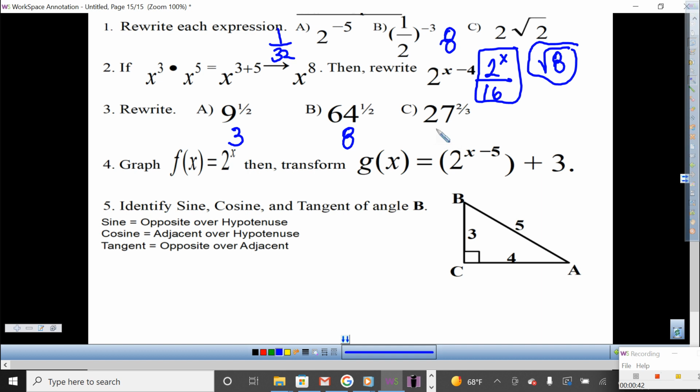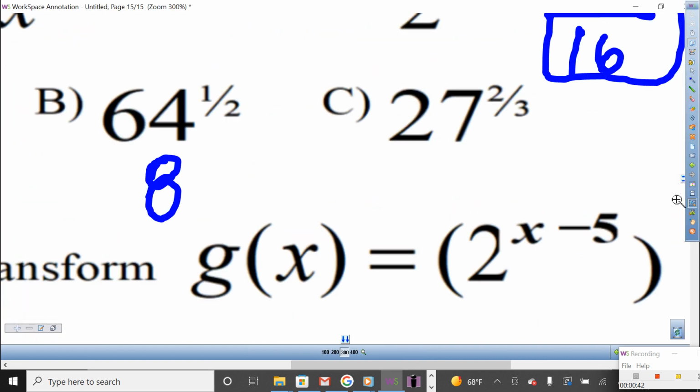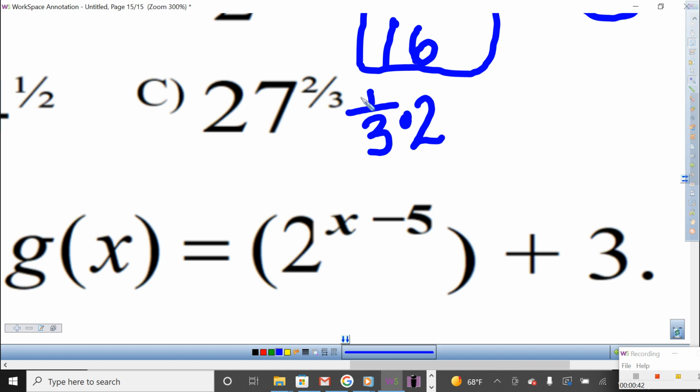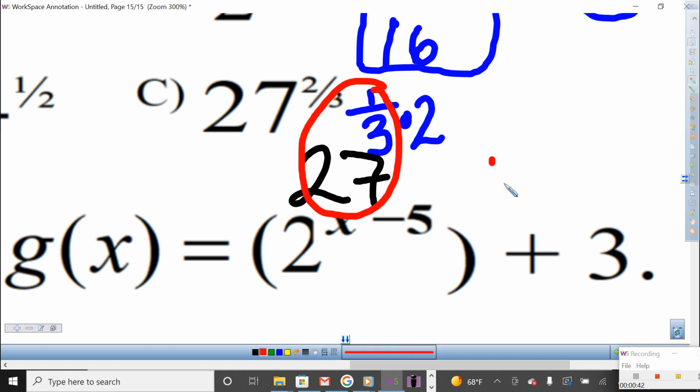This one we needed to rewrite, so let me zoom into that one really quick. That one needed to be first rewritten. So that means the exponent is 1 over 3 times 2. This is the same as this. So the base is still 27, which means this is a radical to the index of 3.